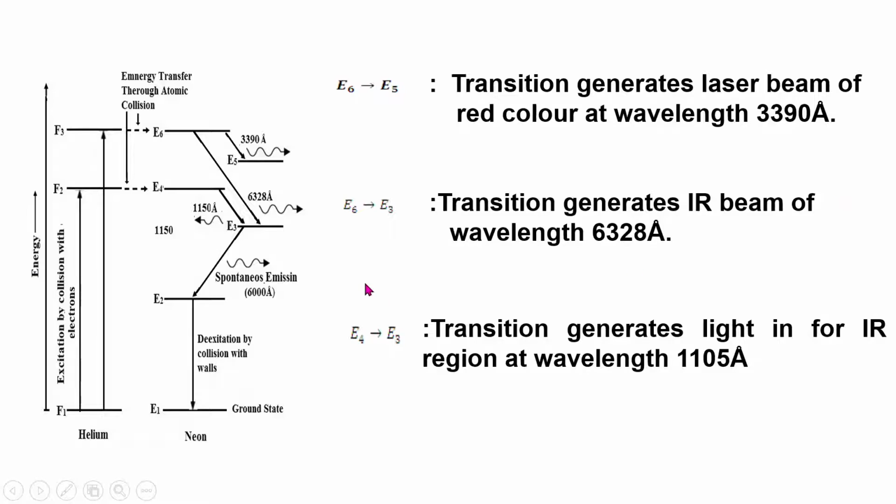Similarly, in case of the transition from E6 to the energy level E3, there is a transition which generates the IR radiation of the wavelength 6328 angstrom unit.